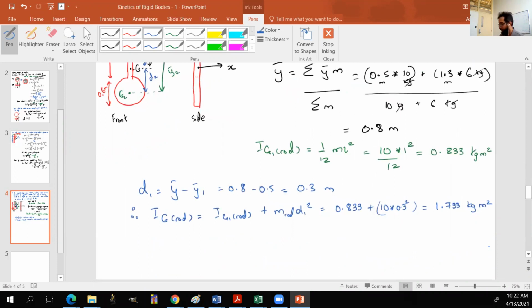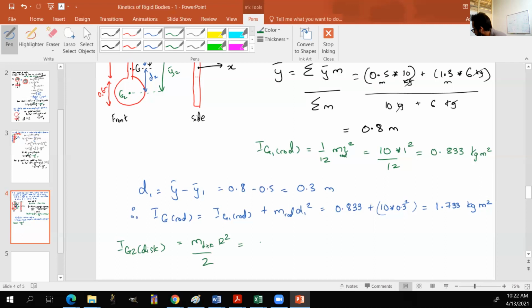All right, do the same thing. So next step is to find out what Ig2 for your disk is, right? And that we had found out was just the mass of the disk times r squared divided by 2, right?